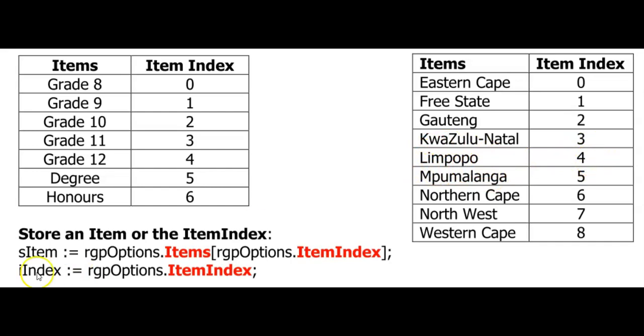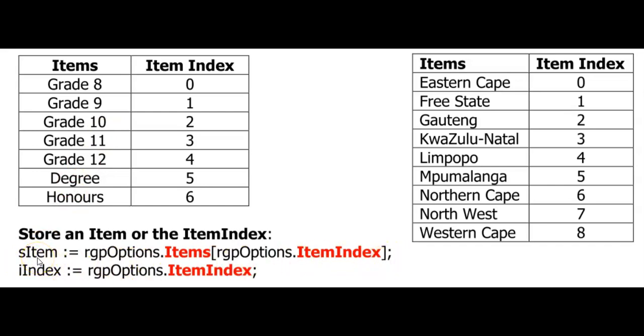Now, if the user clicks on the item, let's say grade 10, Delphi then records that they selected the item index number 2. And to extract the item, which is a string data type, from my radio group, combo box or list box, I will use this code down here.